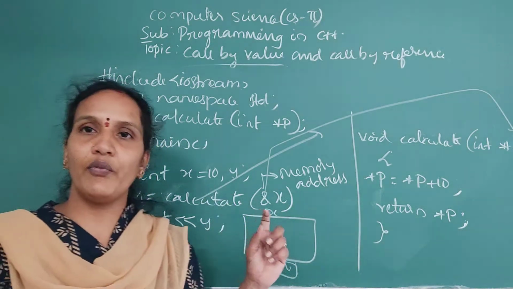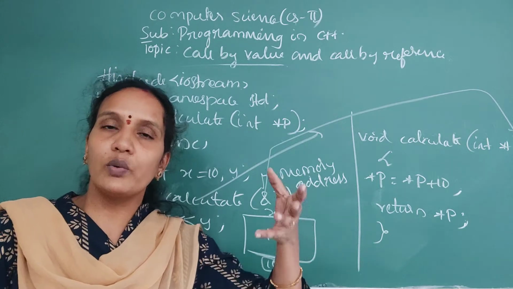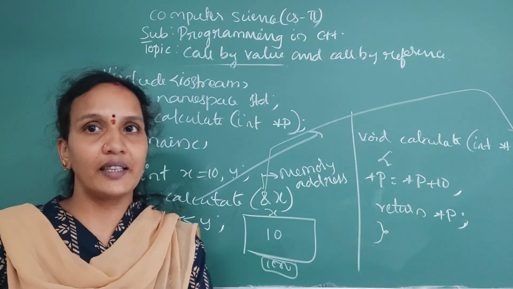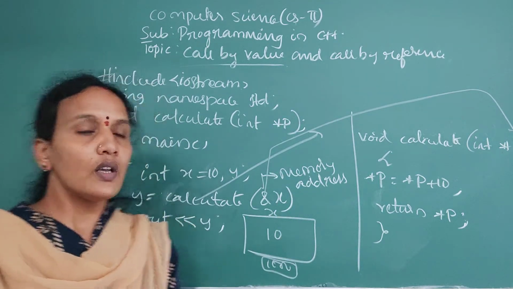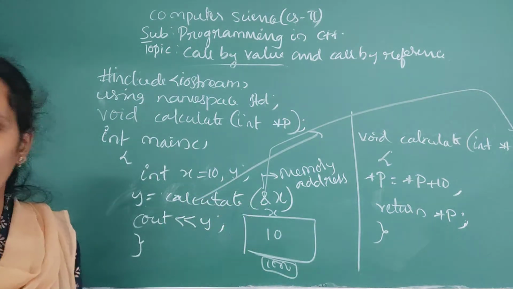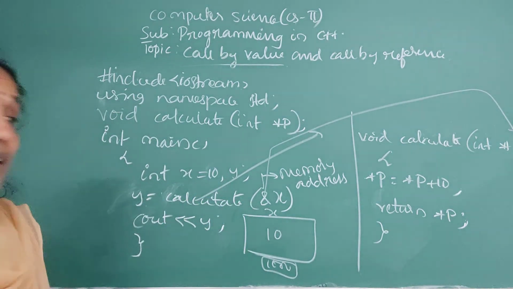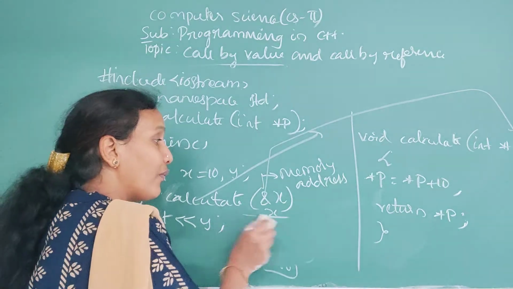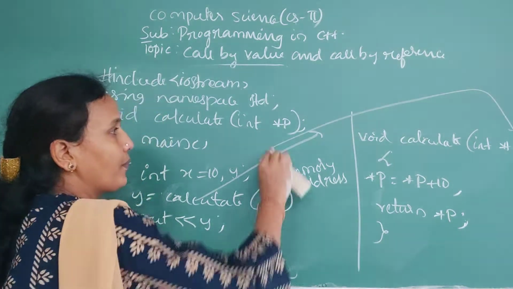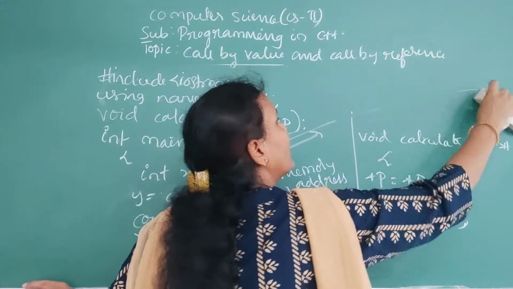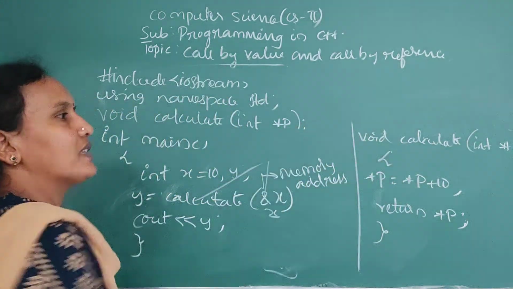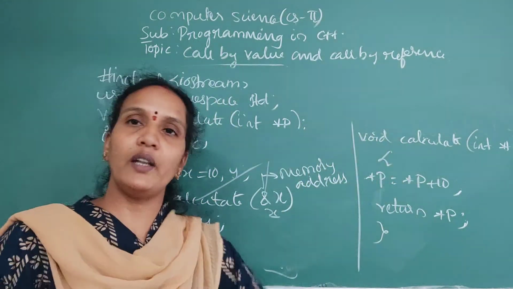Using call by reference, we give the memory address, so that whatever value is in that memory address can be accessed. We are not exactly giving the value of x. If you are directly giving the value of x, then that is call by value.